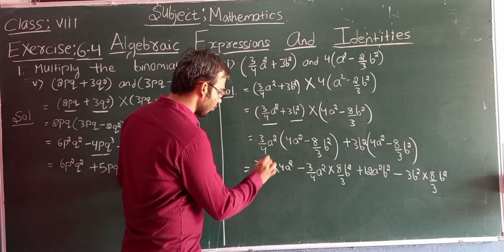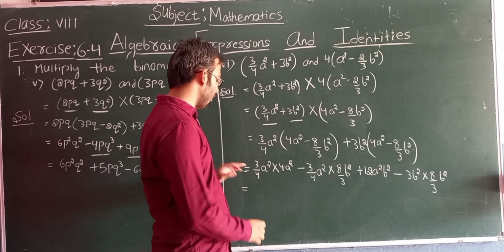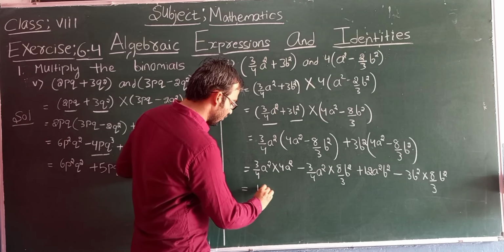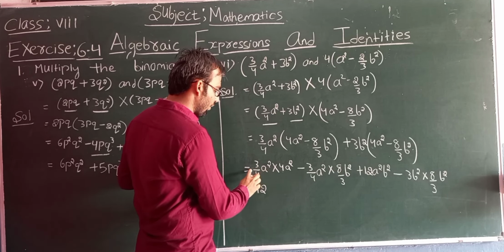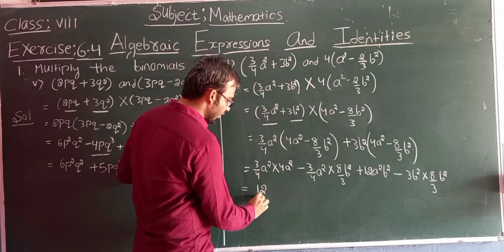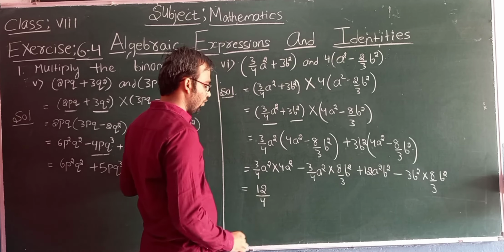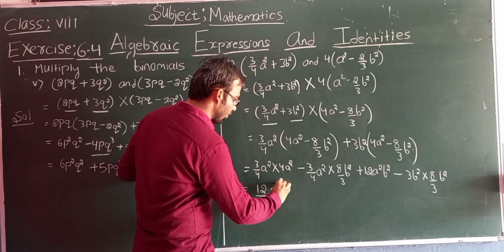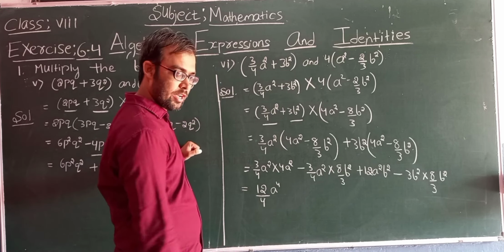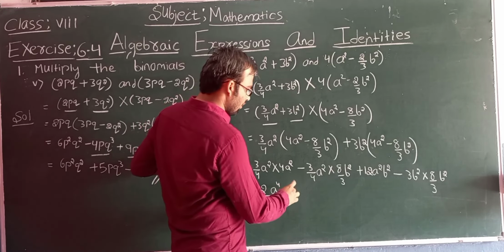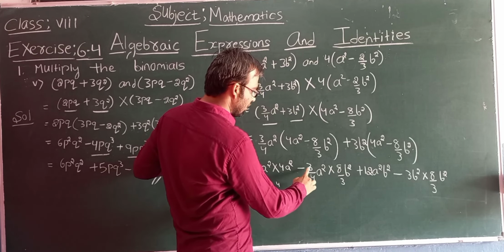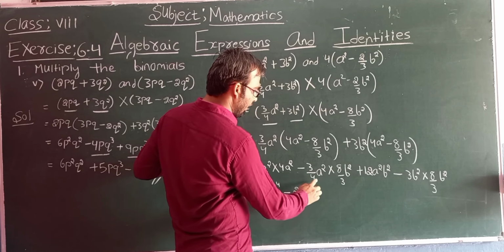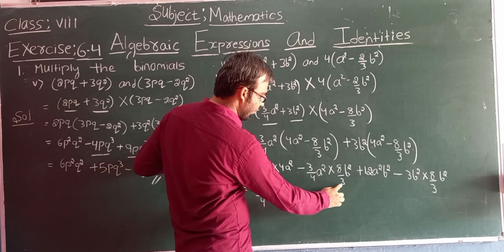Now you can multiply this one. Like 3 4s are 12, and here divided by 4 is there. A square into a square will be a to the power 4. Next minus is there, so write minus 3 8s are 24, and here divided by 4 is there, and here divided by 3 is there.